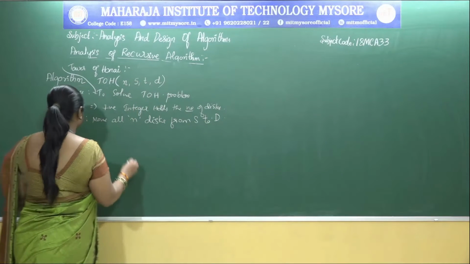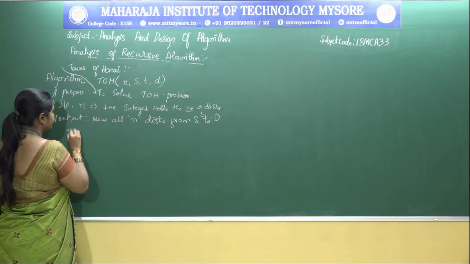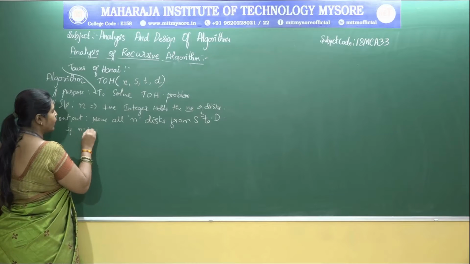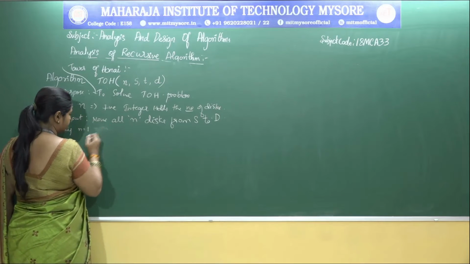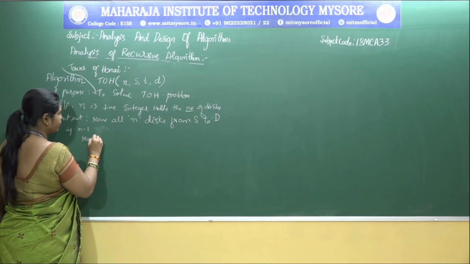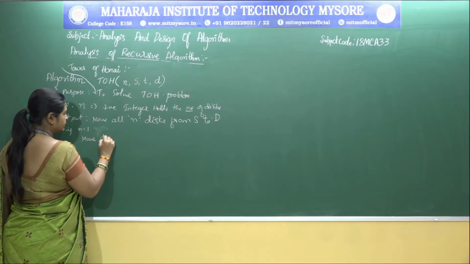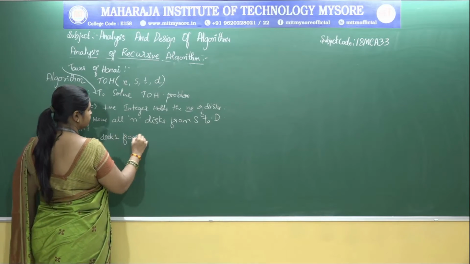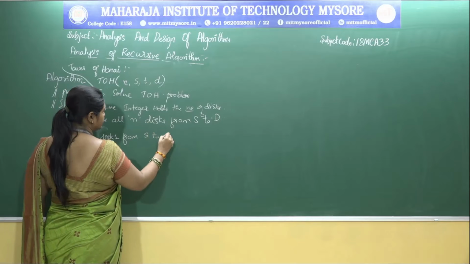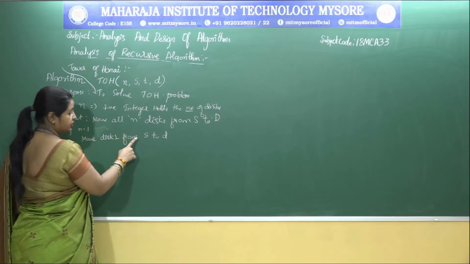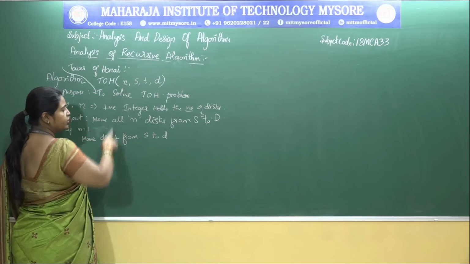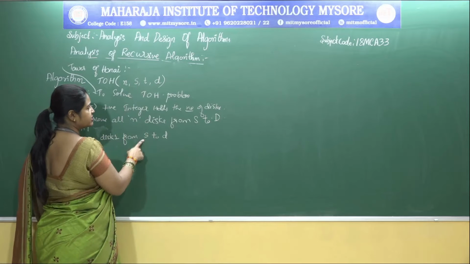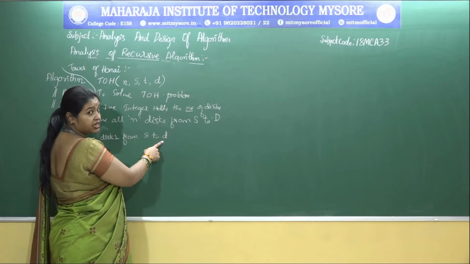So next, the general case. If n is equal to 1, a move operation we need to perform: move disk 1 from source to destination. See, in this call, if n is equal to 1, source is source as it is, destination is destination as it is.